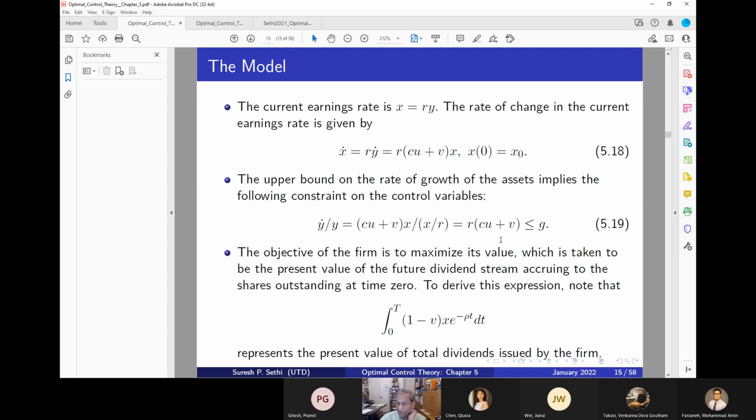I have two controls, U and V, and I have a constraint on the control which I must follow at each time T. So we have a state equation and we have a control constraint.